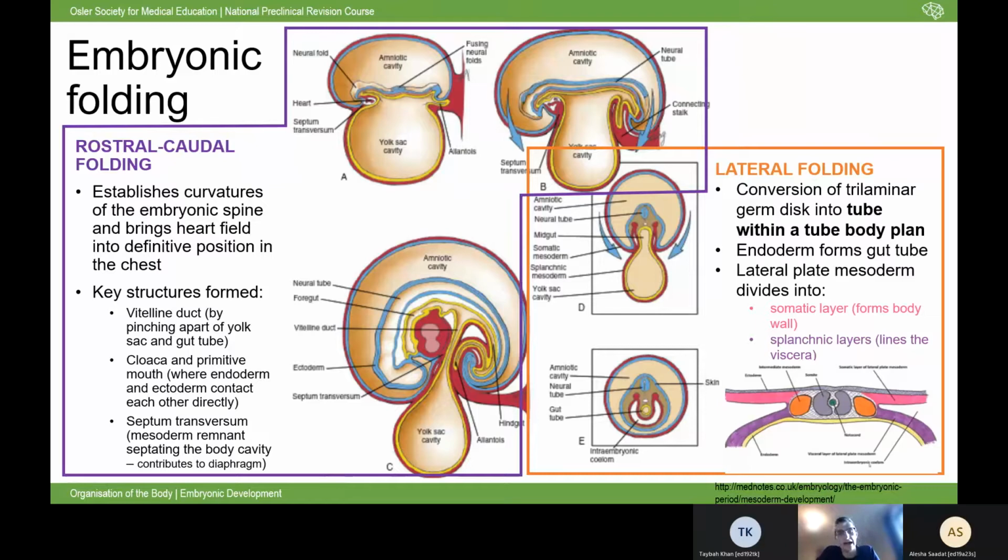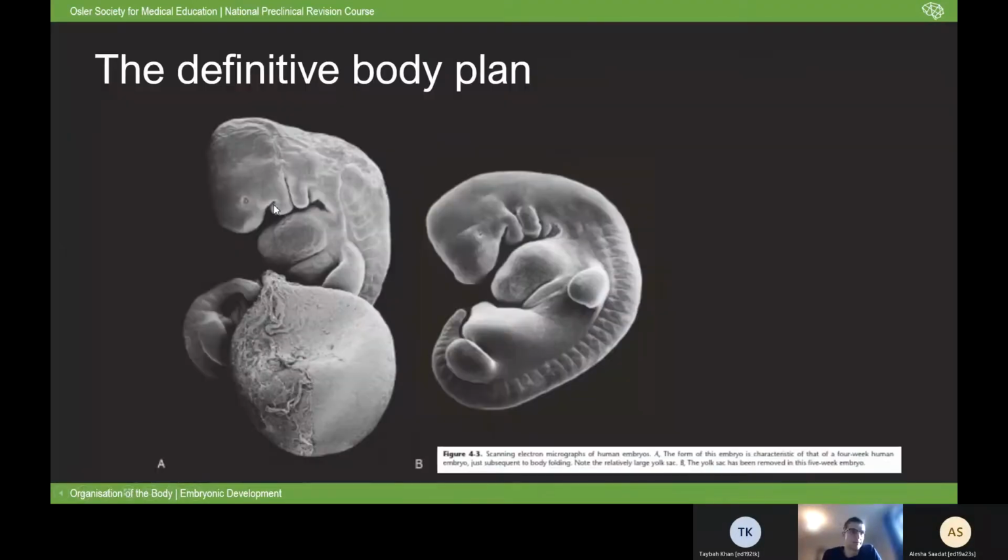These are areas which initially begin at the extremes of the embryo, but are brought inwards by folding, where we get endoderm and ectoderm directly opposed to one another with no mesoderm. And that's where your mouth and your anus will form. And these are some nice scanning electron micrographs to show those shape changes in real life 3D, if you like.